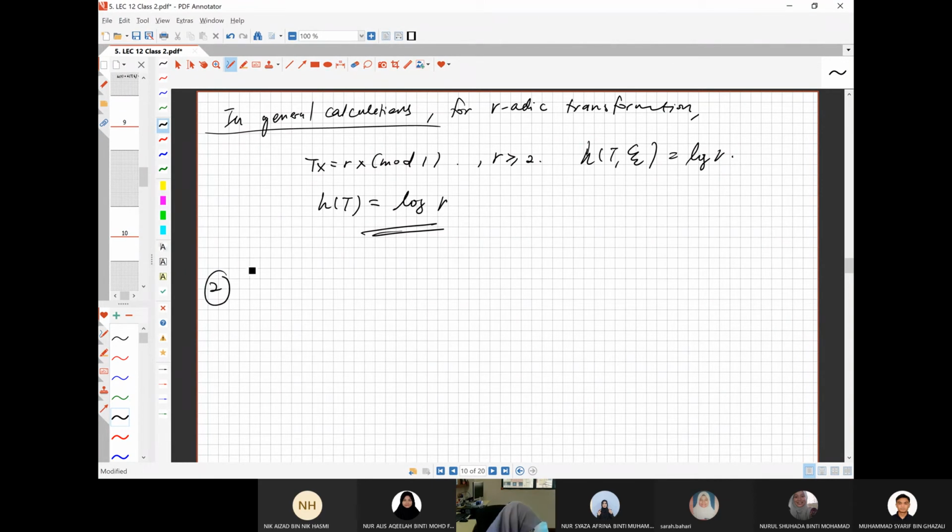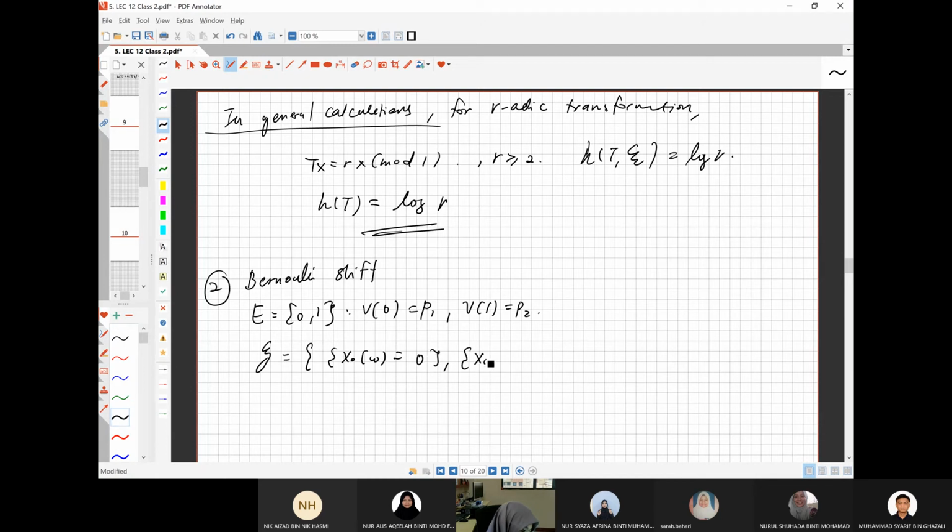Another example is Bernoulli shift. Kalau T itu adalah Bernoulli shift, again I specify all the properties of the Bernoulli. V0, mu1 is equals to P1, P1 is equals to P2, okay. And I have the psi is given by this coordinate function, first 0 and the second one is 1.